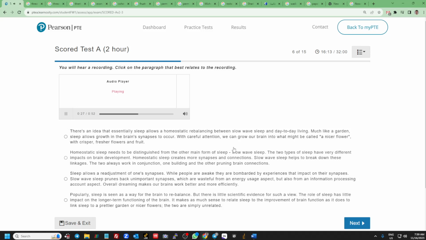So it's kind of like, I imagine in some senses, the judicious pruning of your roses to get a nicer flower. So the idea is that slow wave sleep is able to prune back synapses that are energetically wasteful, but are also wasteful in an information processing account because they're adding noise. And that clearer, crisper signal then translates into improved performance the next day.